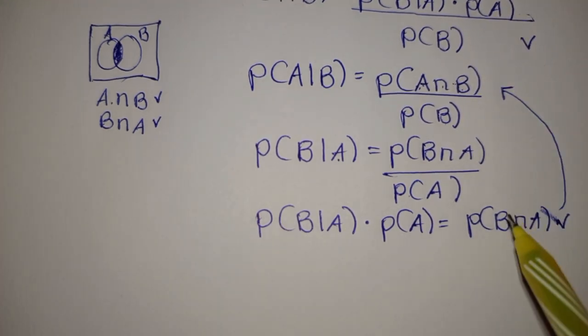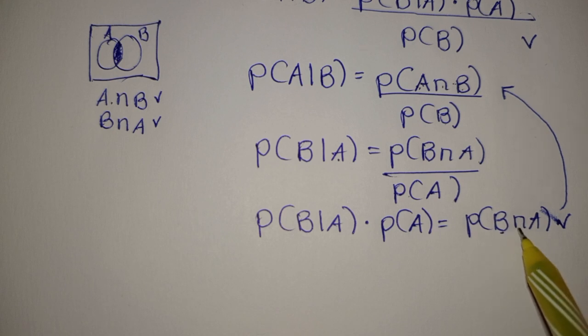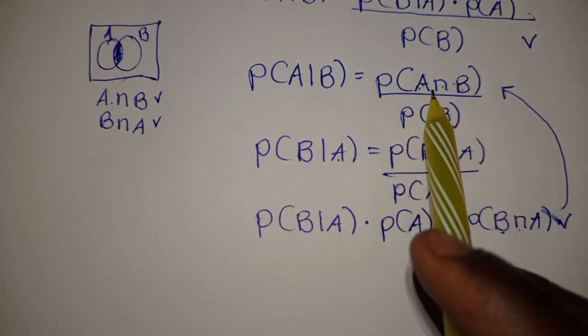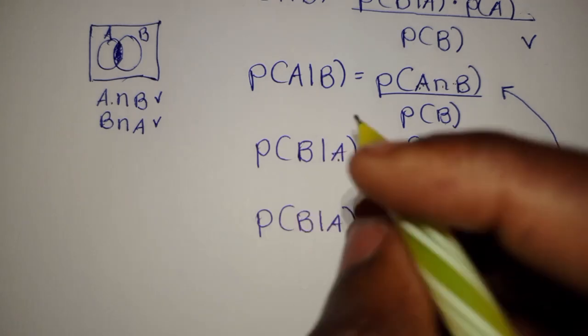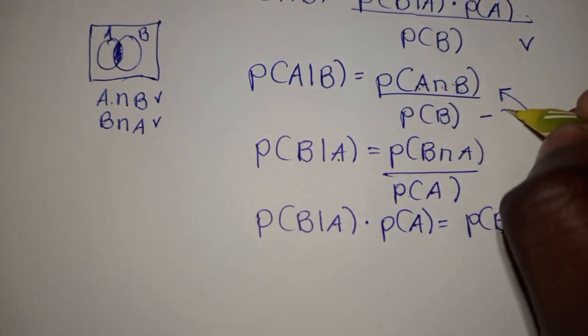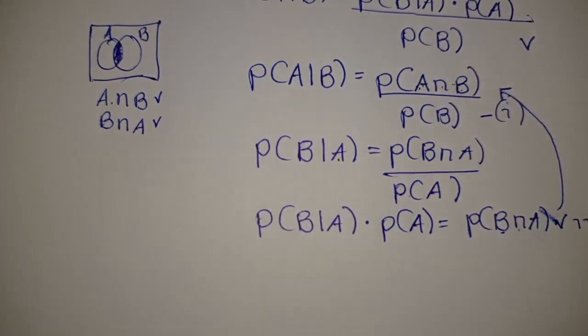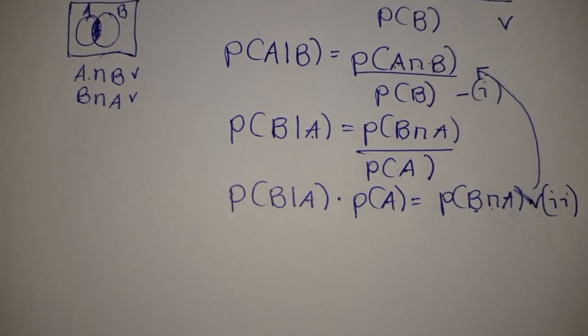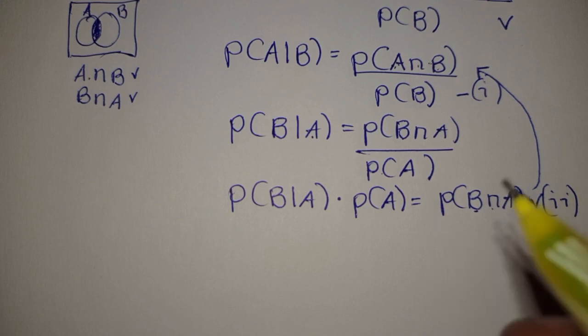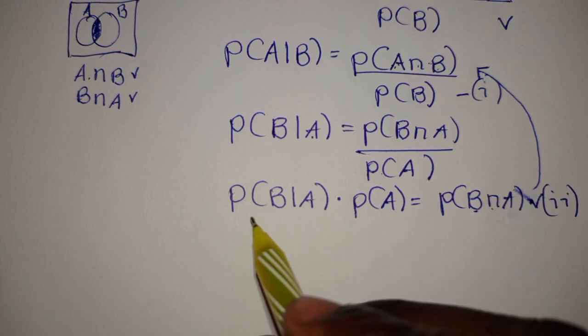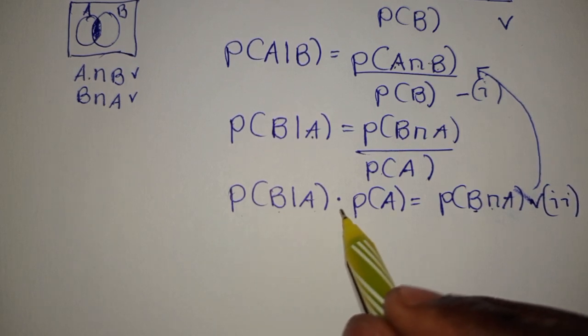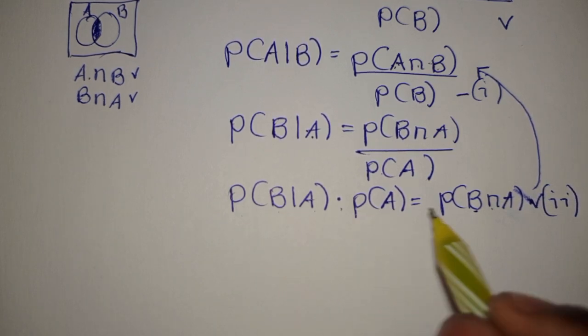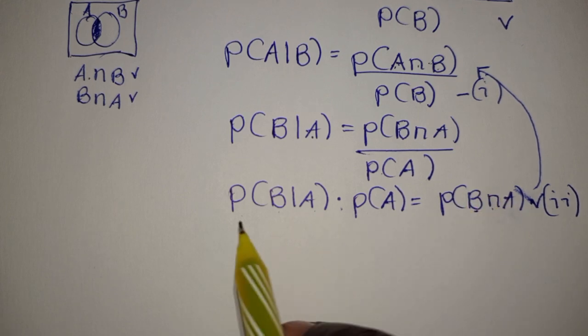Remember, we stated that the probability of B intersection A is the same as the probability of A intersection B. So we are now working on equation 1 and equation 2, the ones we are deriving. To reach a conclusive understanding and solidify things under the Bayes theorem, let us replace the probability of B given A multiplied by the probability of A. Remember, these are the same. So now we just replace there.